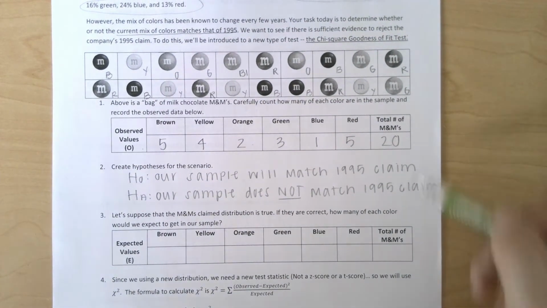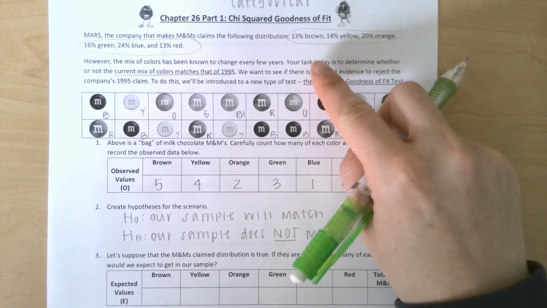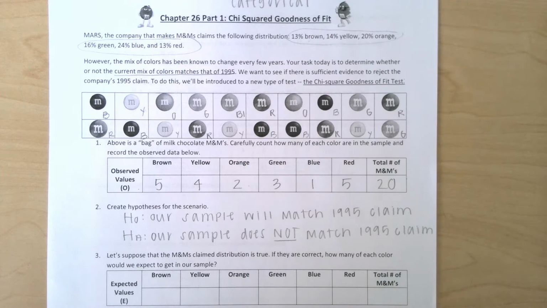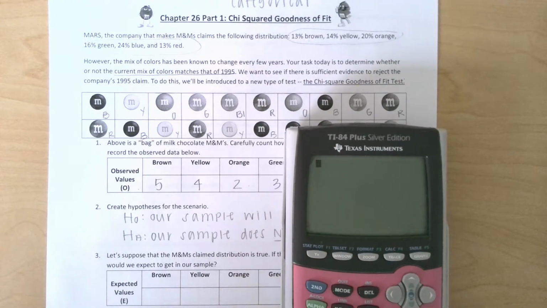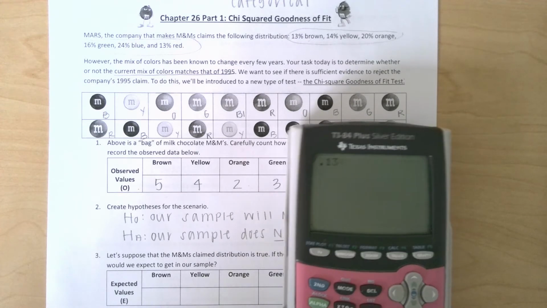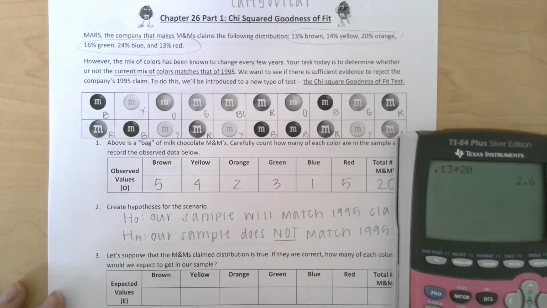So if I opened up this bag of 20 M&Ms, we would expect 13% of them to be brown. So what I'm going to do is take my calculator, I'm going to find 13% of 20. Okay, now 2.6 doesn't fully make sense. I can't have 2.6 M&Ms, so I'm going to round that to 3.